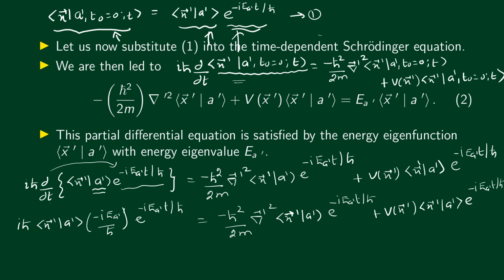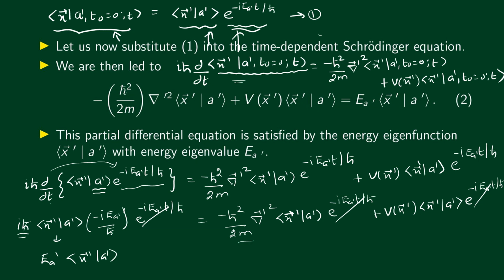We see that this e raised to minus i E_a' t by h bar is everywhere, so we can just cancel them off, and we are left with this equation. Okay. Now here we have got an i h bar and there's a minus i E_a' by h bar. This h bar cancels. i multiplied by minus i becomes 1. And here this left hand side is simply E_a' bra x vector prime ket a prime. Okay. And this side is just the same thing.